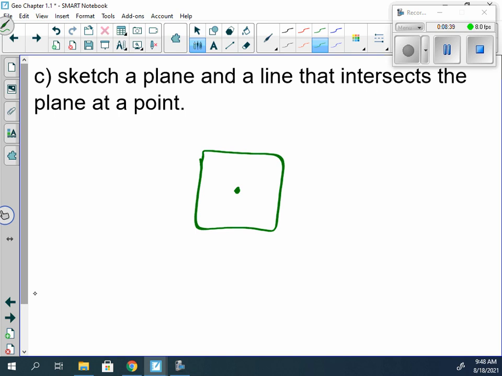Well, that's not fully. Almost. Because if it's only intersecting at one point, let's get a piece of paper.